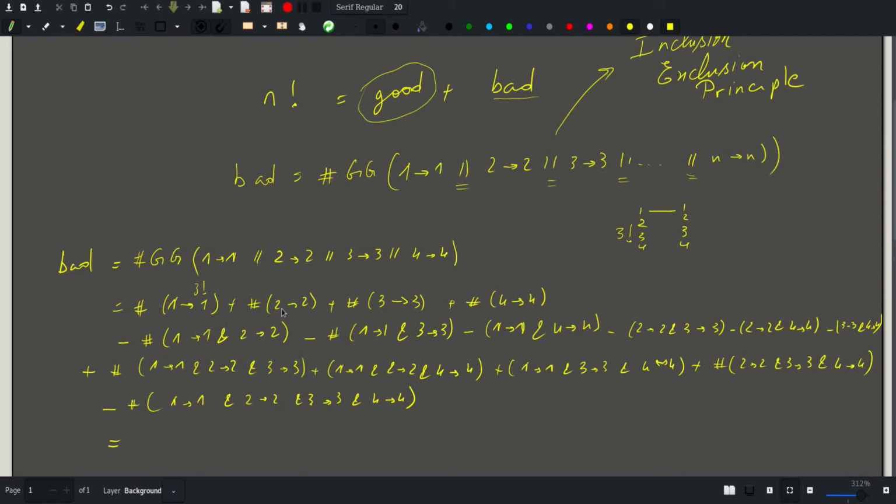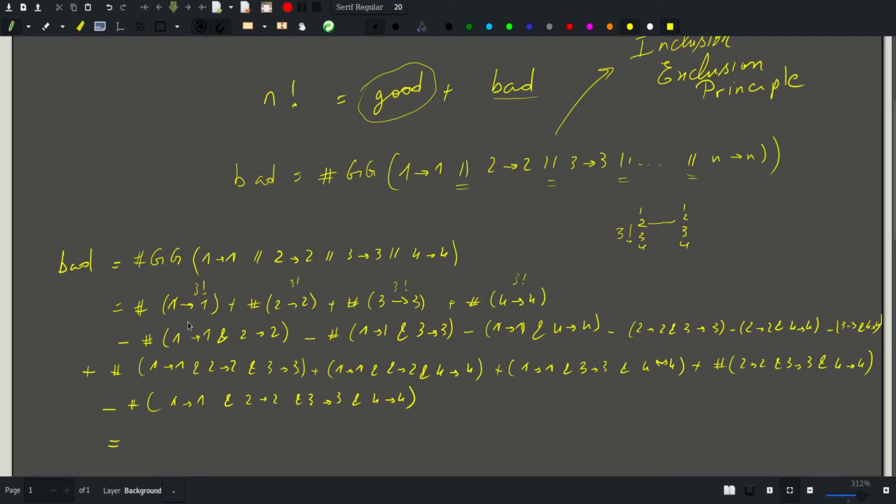And the same thing will happen for 2. If we fix 2 and 2, then the 3 remaining numbers can be mapped to anything. So we have 3 factorial choices for this as well, and 3 factorial choices for this, and 3 factorial choices for this. What about this second line? In this second line we are fixing 2 elements and anything can happen to the other elements.